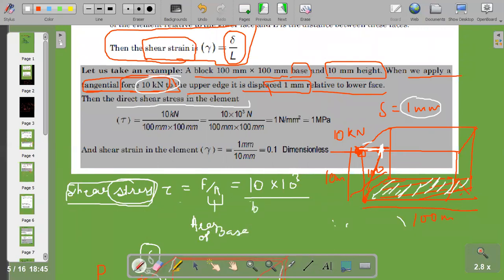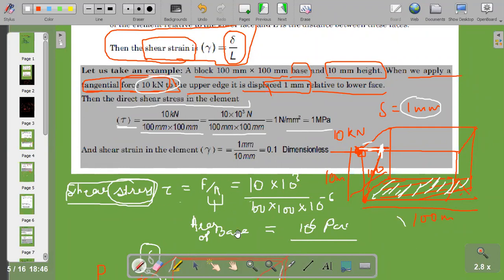That means 100 into 100 into 10 to the power minus 6. After that it will be 10 to the power 6 Pascal; 10 to the power 4 and 10 to the power 4 will cancel. Answer will be 10 to the power 6 Pascal. Any confusion here about shear stress? No, sir.